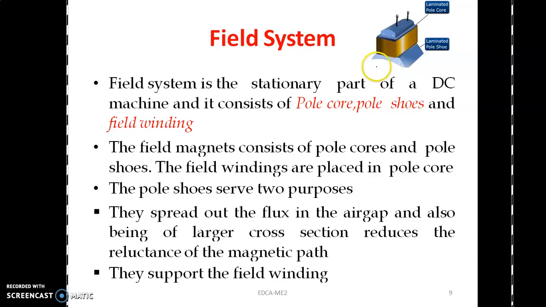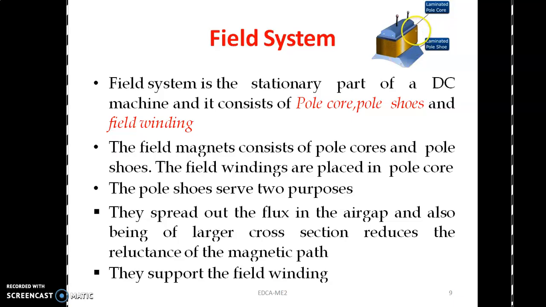The area increases, we know, resistance decreases. The magnetic resistance is called reluctance. Reluctance decreases, so more flux can flow through that.